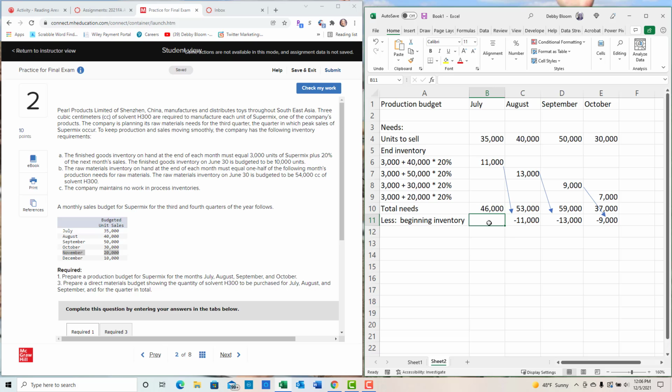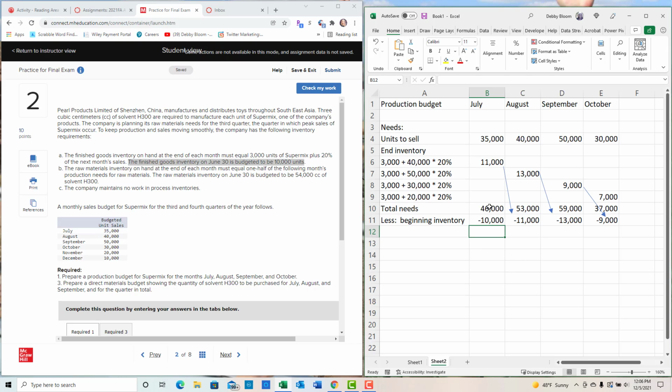So to complete this part of the problem, all I need is the beginning inventory for July. And we were told in the problem that the finished goods inventory on June 30th, which is the same as the beginning inventory for July 1st, is budgeted to be 10,000 units. So I put a negative 10,000 here.